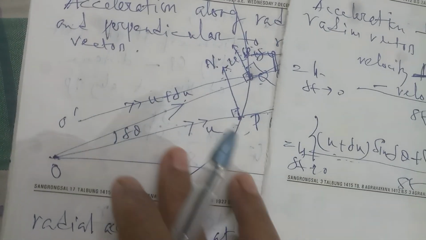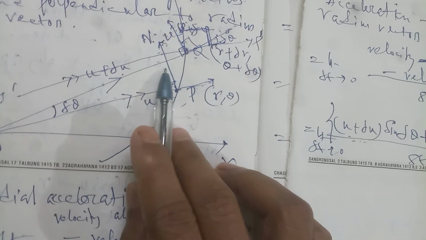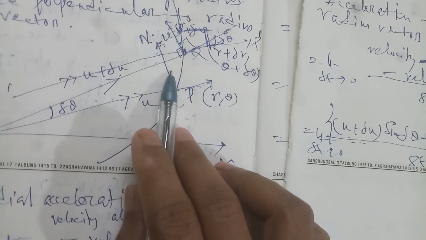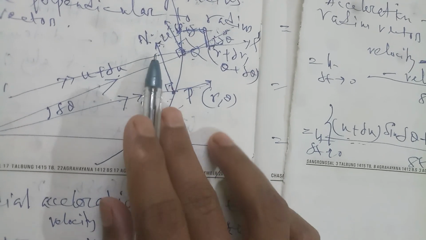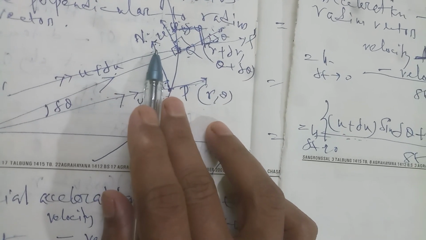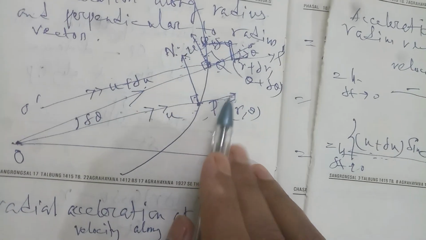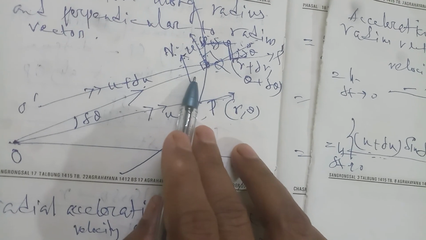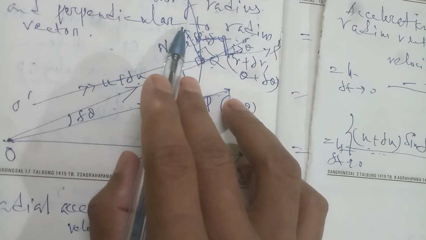Because at time t, U will not have any component along the perpendicular to OP, that is along PN. The radial velocity will not have any component along the perpendicular to OP, that is along PN.